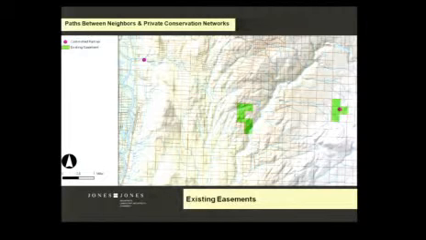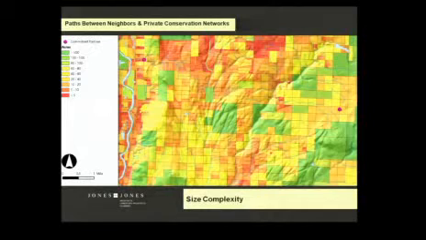The first step is to identify if there's any existing conservation easements, and then begin to look at the parcels given their size. And the model can be adjusted to select parcels above a determined size within this network.